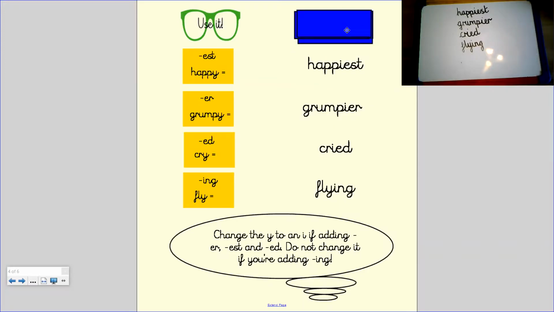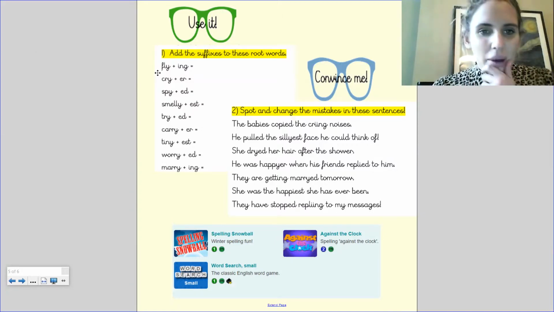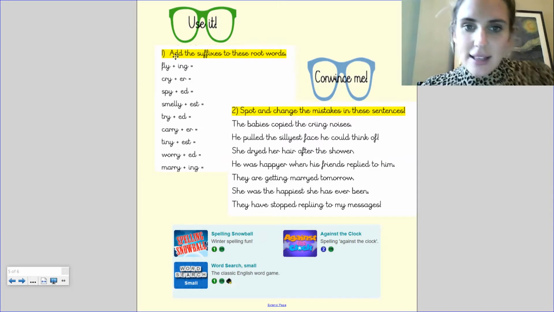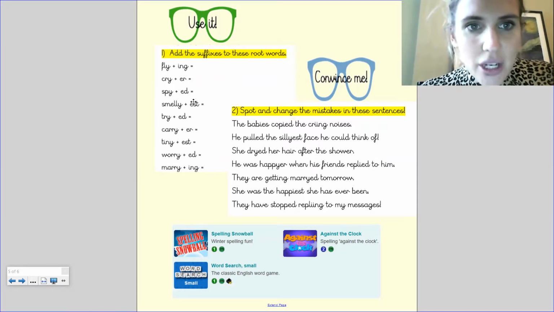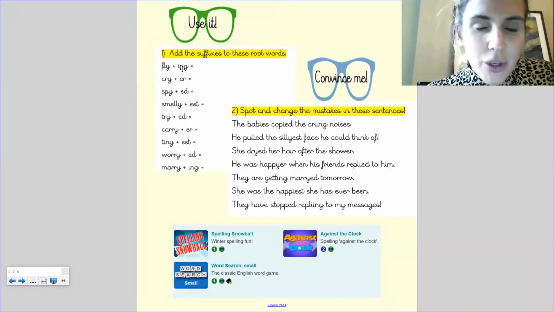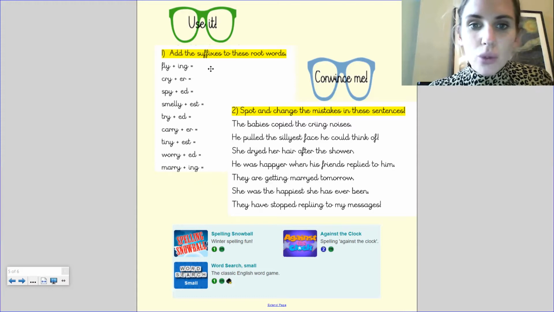Hopefully, today's learning episode is reminding you of this rule. Now, today you have got 3 different tasks, year 3. Just changing my face background, there we go. These 2 tasks are on Classdojo. So firstly, you're going to be adding the suffixes to these root words and spelling the new word correctly by applying the rule.